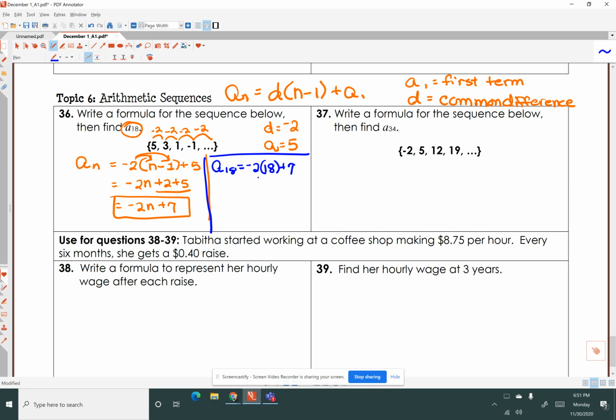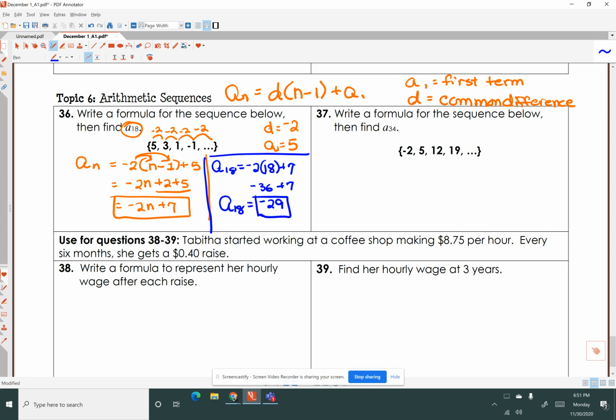And -2 times 18 is -36 plus 7, which equals -29, and that's our final answer for that. So A sub 18, or the 18th term, equals -29.